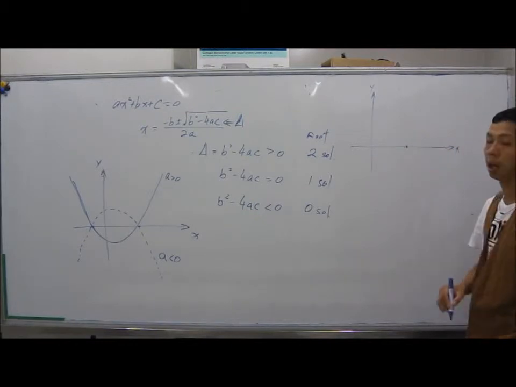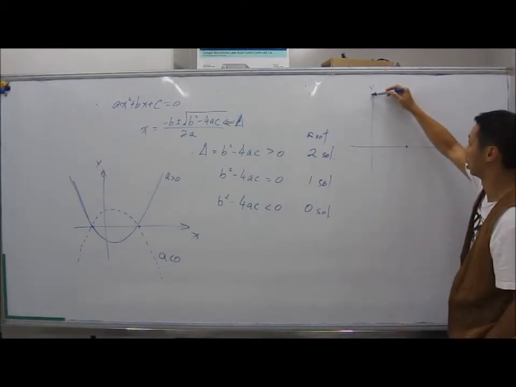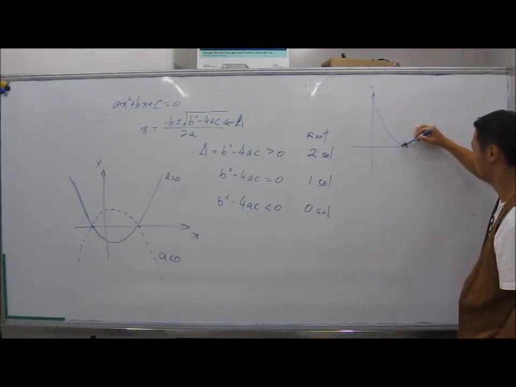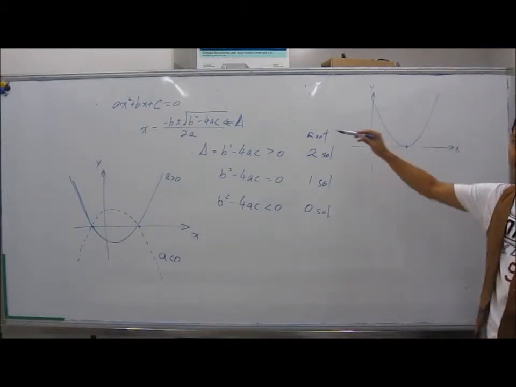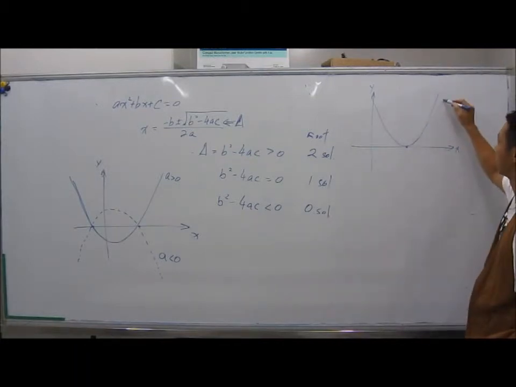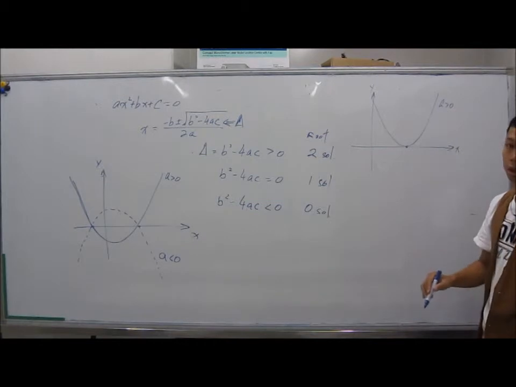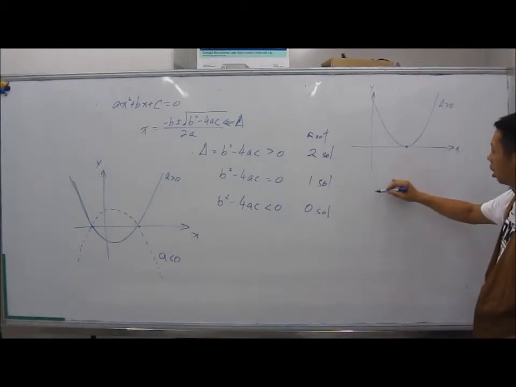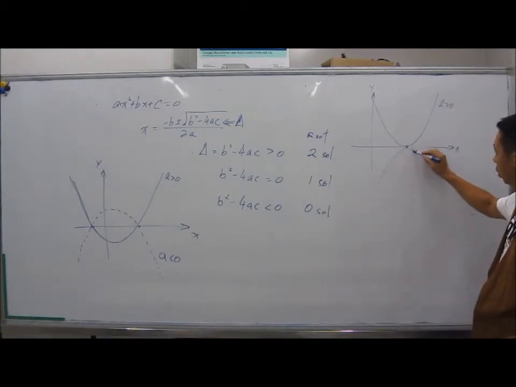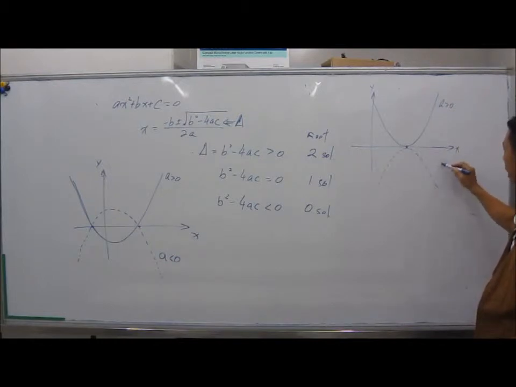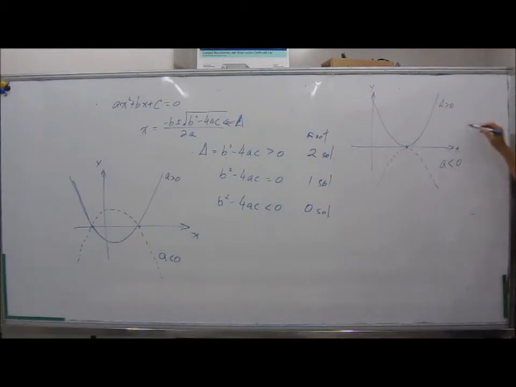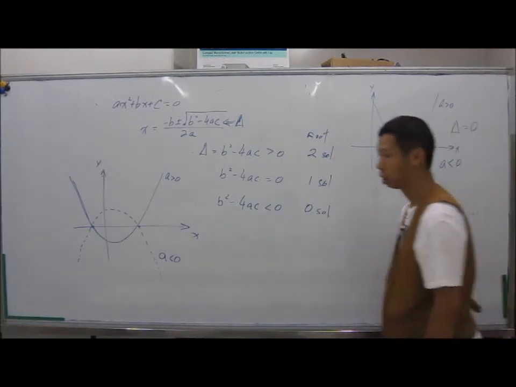A curve just touches the x-axis here. That is a greater than 0. And the other one, the downwards part, is a smaller than 0. This figure is delta equal to 0.